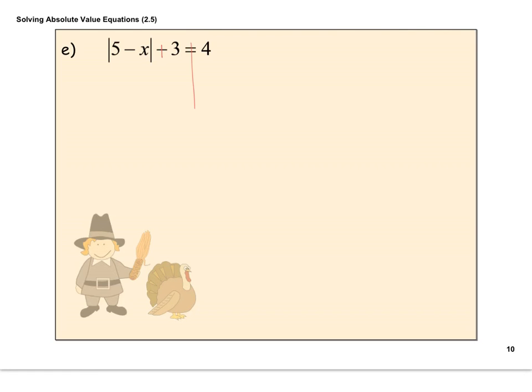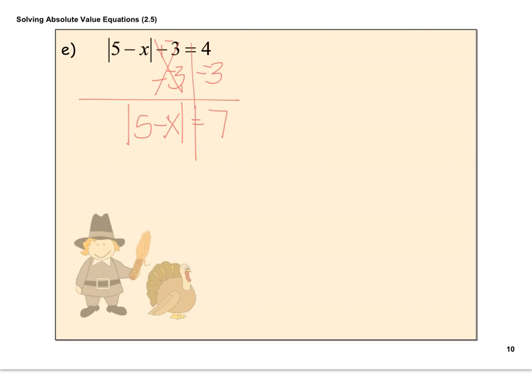Now, you guys usually do keep, change, so I'm going to do that here. The opposite of plus is a minus, and then a negative 3. This goes away. So we have 5 minus x inside our absolute value equals, careful with your math, you get 7.